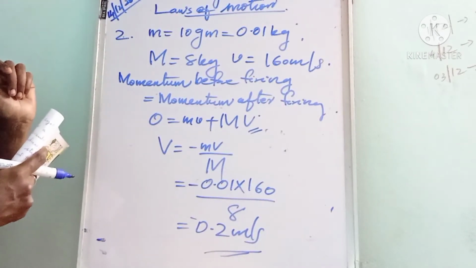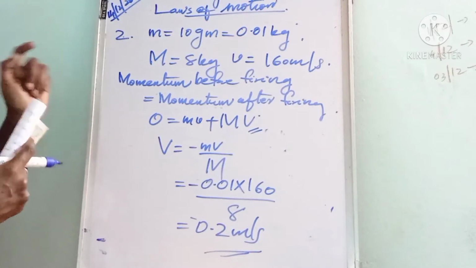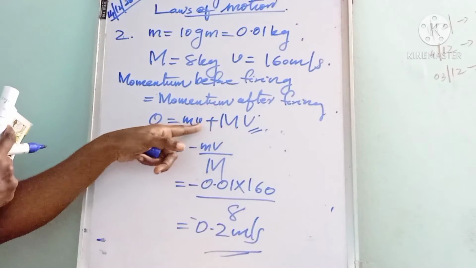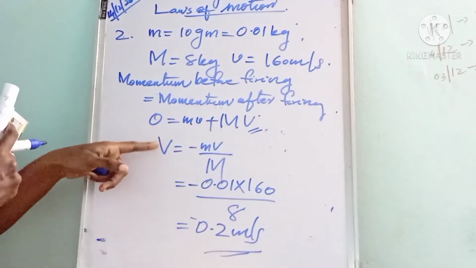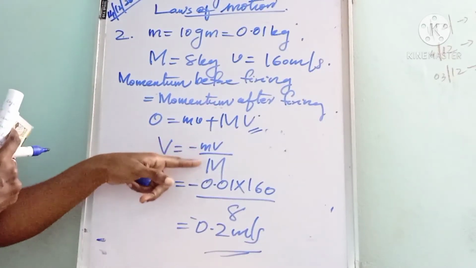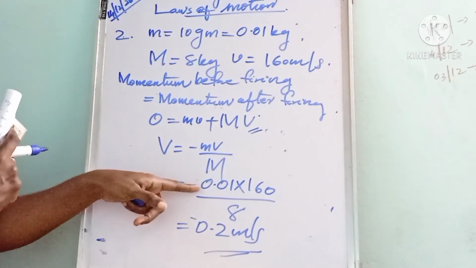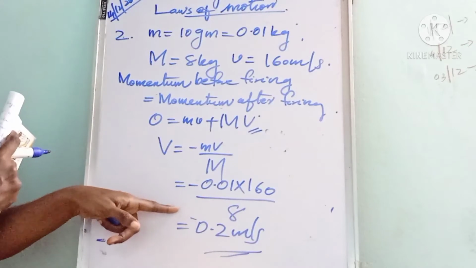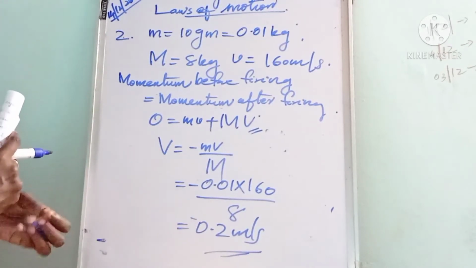Before firing both are at rest, so the total momentum is 0. After firing, the total momentum is mv plus MV. From this the recoil velocity V is equal to minus mv by M. Substituting these values, we get the recoil velocity as minus 0.2 meter per second.